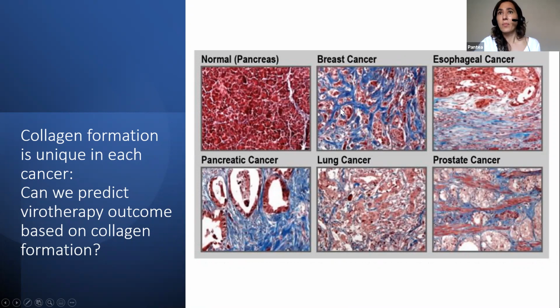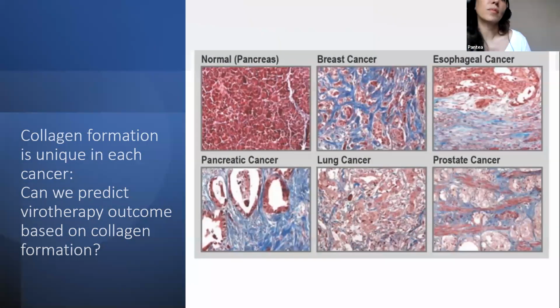And here's lung cancer and breast cancer. You can see that the formations of collagen, where collagen is blue and cells are the browny red, are really, really different. And it's really unique not just to each type of cancer, but to each kind of patient. So I guess the aim of the project from here moving forward is, can we predict how a patient is going to respond in relation to these configurations of collagens and cells? And that's really the big idea.